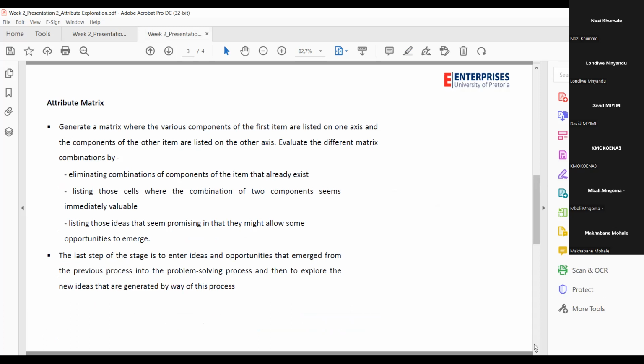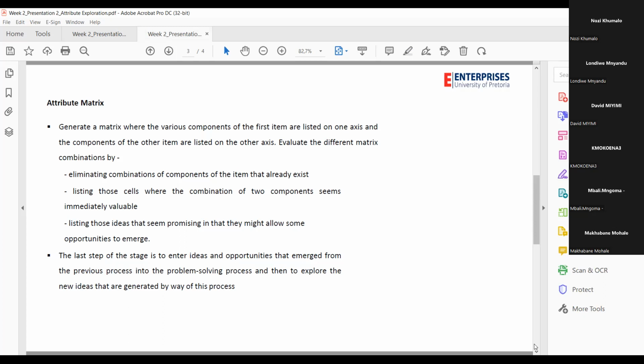I tried to understand it, but I don't think my understanding is to the level that I wanted it to be. But I've put in the notes here. The attribute matrix generates a matrix where the various components of the first item are listed on one axis, and the components of the other item are listed on the other axis.